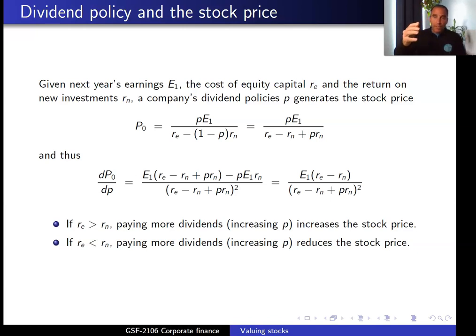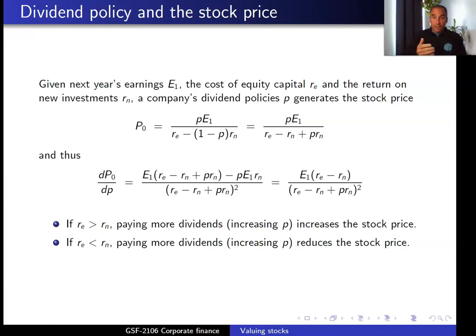If the company retains some of its earnings to realize returns of 9%, so these returns are below the 12% demanded by investors, this reduces the stock price.